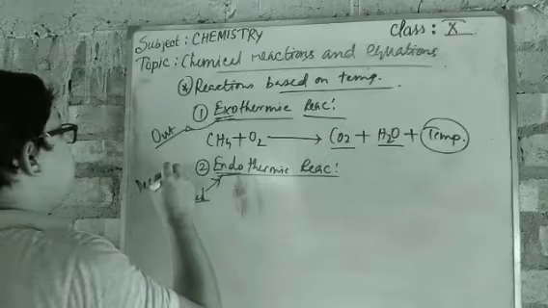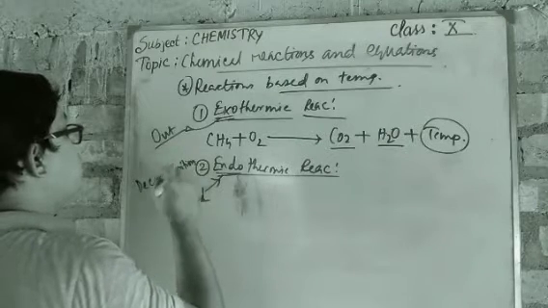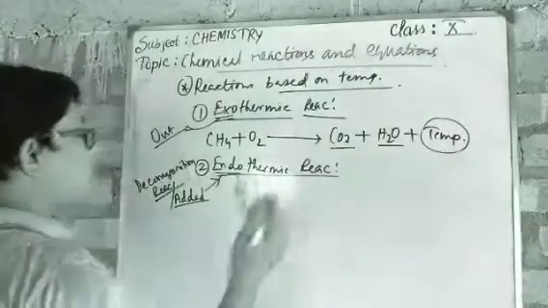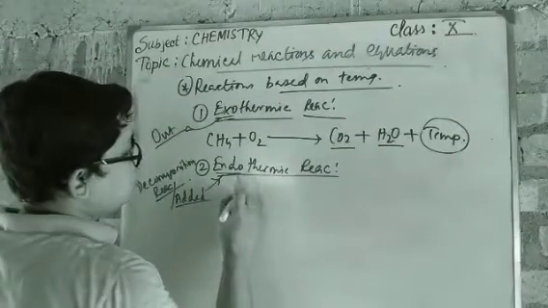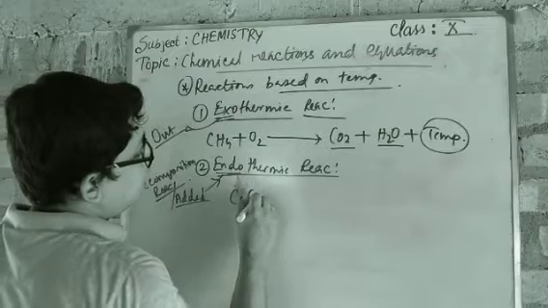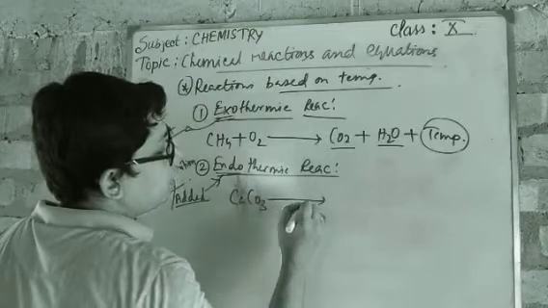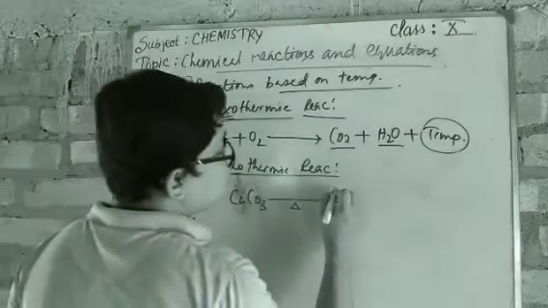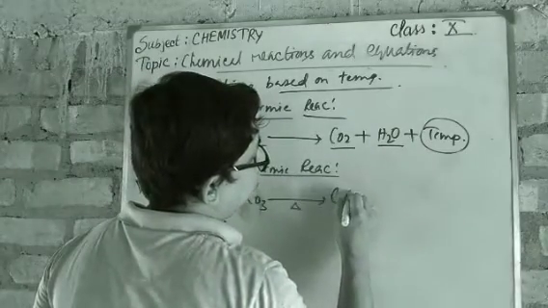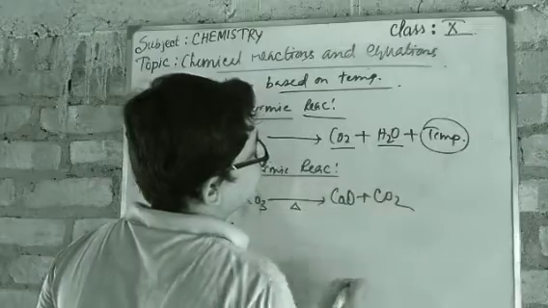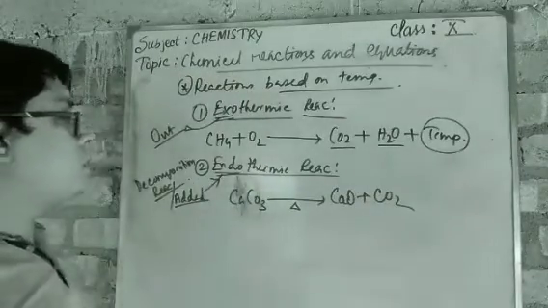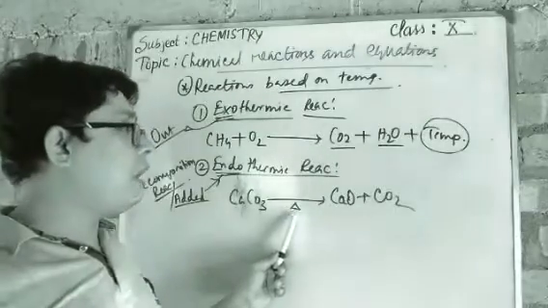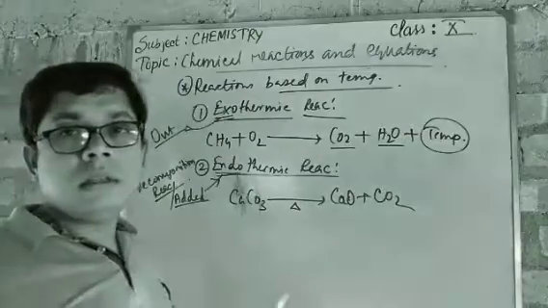Here, decomposition reaction is needed. So let's take one example from decomposition reaction, that is CaCO3, give the heat. This is the sign of the heat. Give the heat, and it will come as CaO plus CO2. So this is the reaction through which the temperature is needed, and it will form other products.